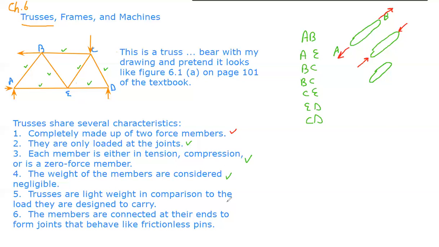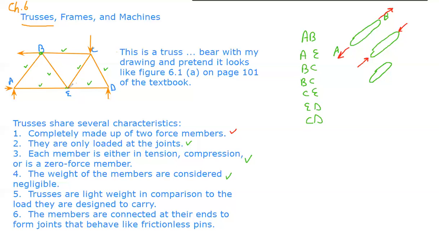The last characteristic that we need to talk about is how the members are connected. The members are connected at their ends to form joints that behave like frictionless pins. For example, what connects members AB and BC and BE all together at point B is a frictionless pin.